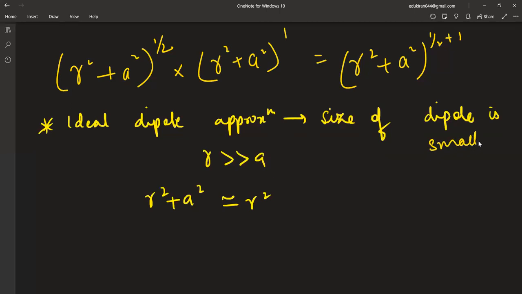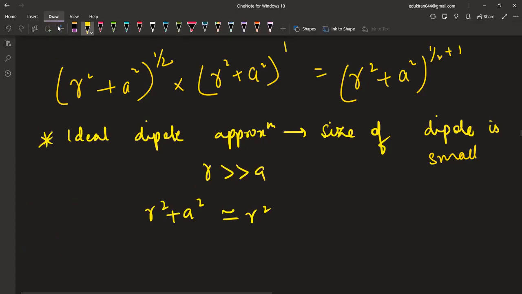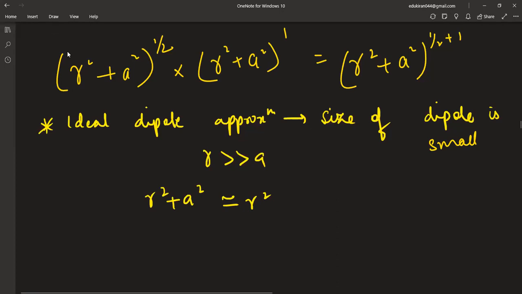If the size of the dipole is small, then r square plus a square can approximately be written as r square. It's again like from 10,000, I am adding 1, so we'll write it back as 10,000 only. Why 10,001? 10,001 is not a significant number. Right, in 11th class, you study significant numbers, how to write significant.